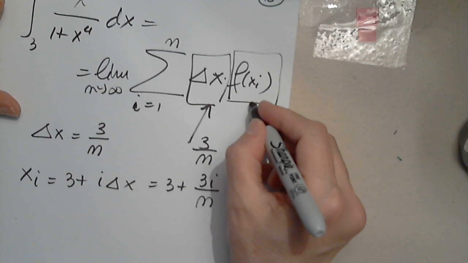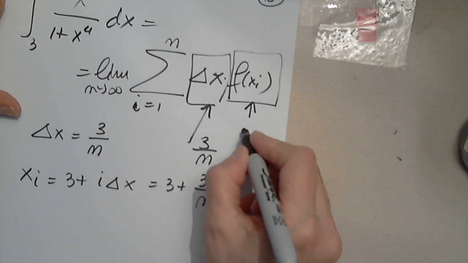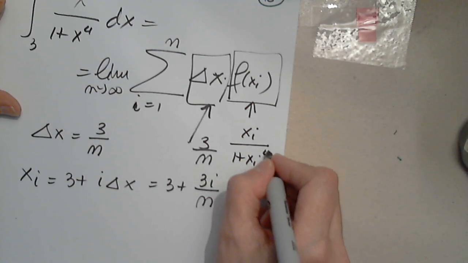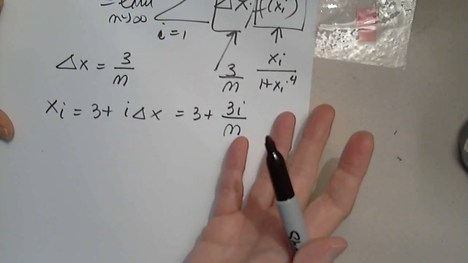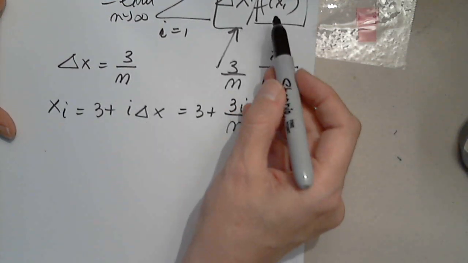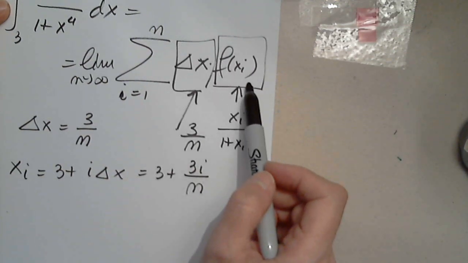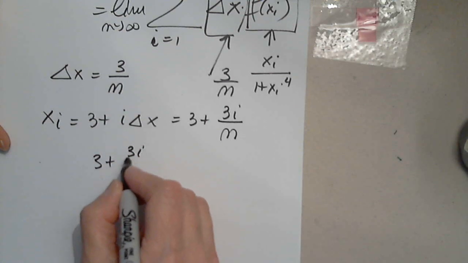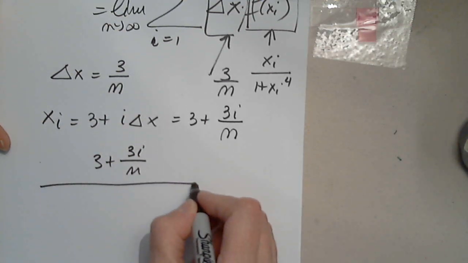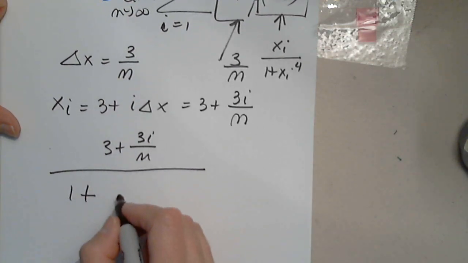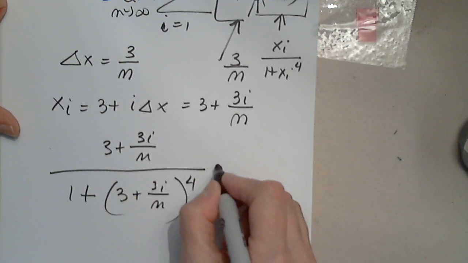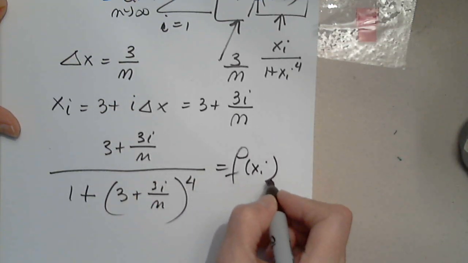So you can write this as xi over 1 plus xi to the fourth. It can also be written as 3 plus 3i over n, everything divided by 1 plus 3 plus 3i over n to the fourth power. This is f of xi.